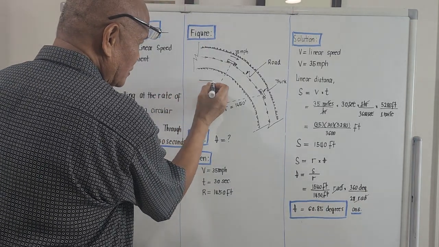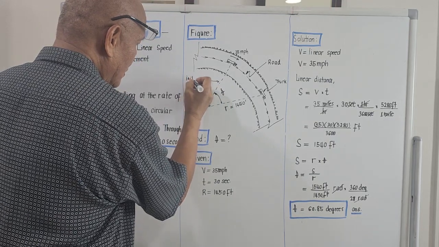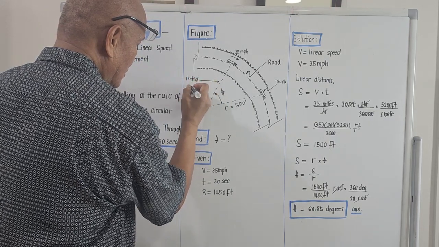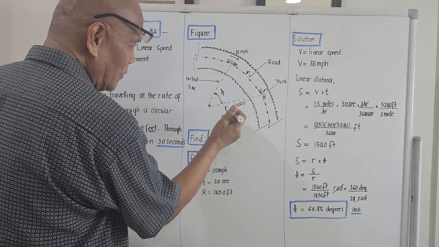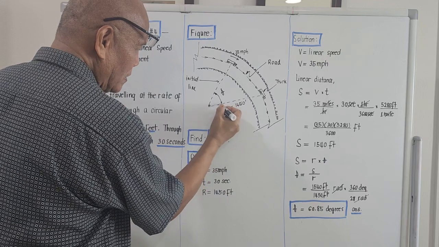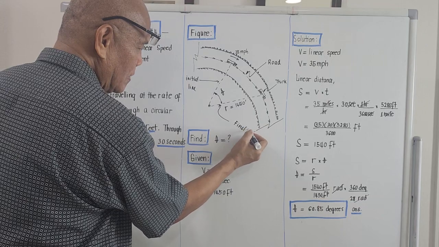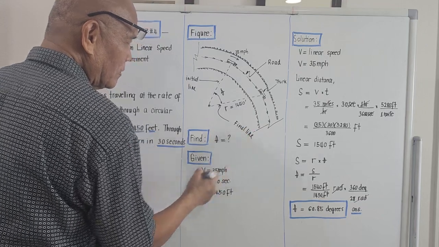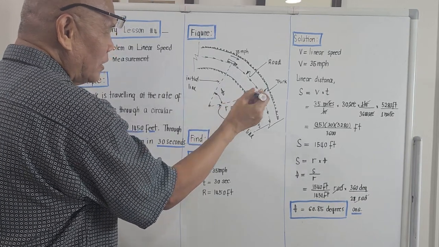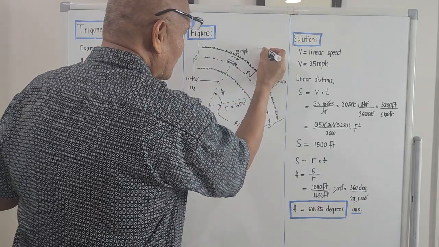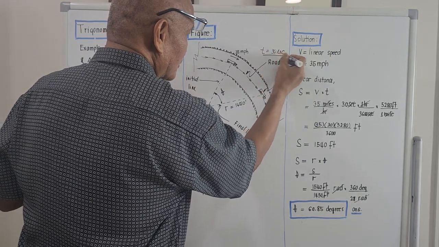If this line here is the initial line, the next line will be the final line. So from the initial line to the final line, which occurs in a time t equal to 30 seconds.